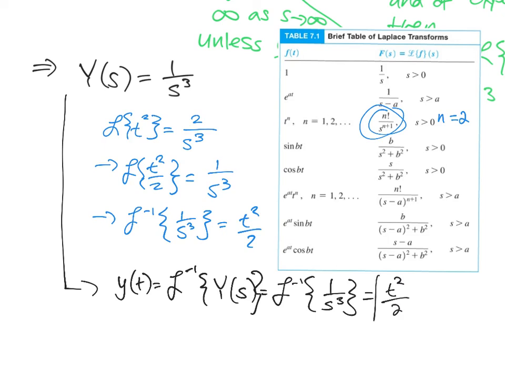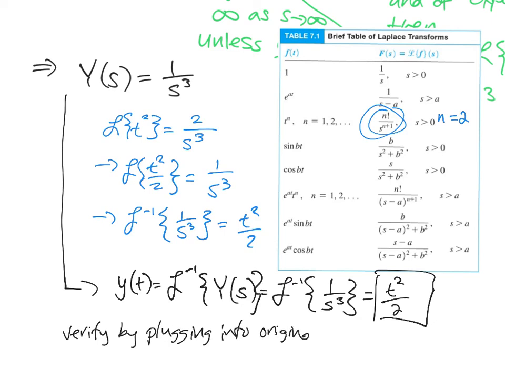And this is exactly our answer, and you can verify by plugging into the original ODE. We wouldn't have been able to solve this problem using any of the other methods that we've seen so far, and that's where the Laplace transform is going to prove really useful to us.